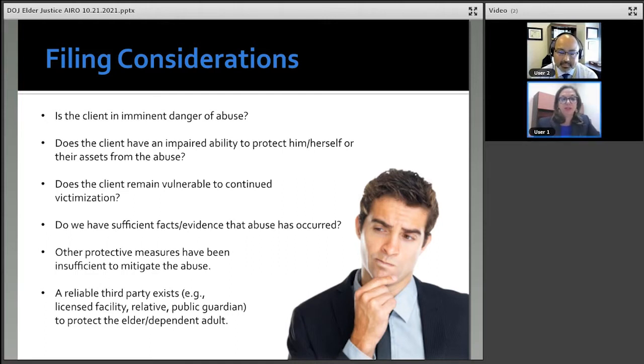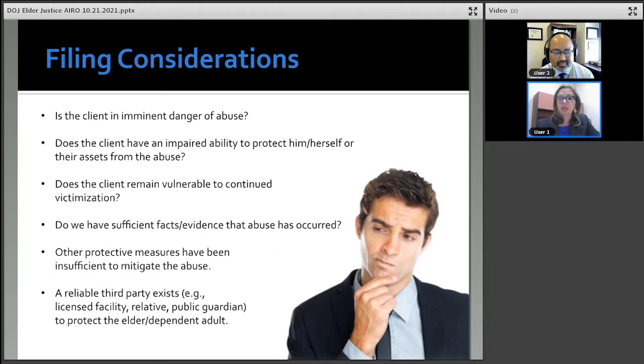Perfect, thank you. The other things that we will look at is if there's other protective measures. We'll consider whether protective measures have been insufficient to mitigate the abuse, right? So sometimes, let's say we can put a rep PA in place. Sometimes we can have somebody take over as power of attorney.